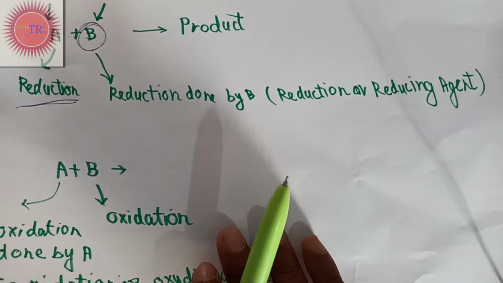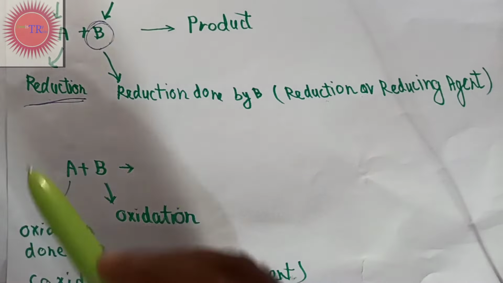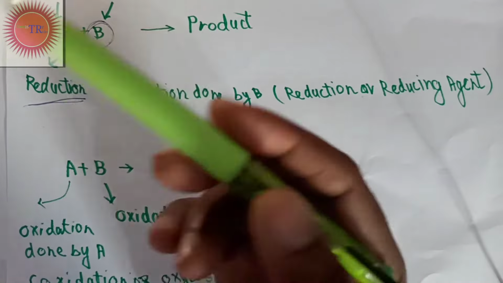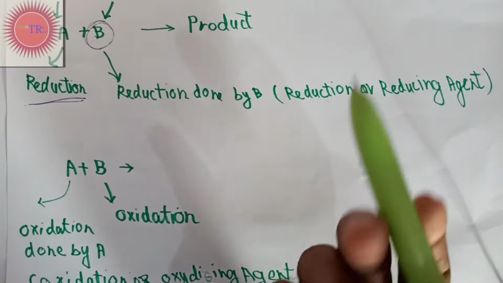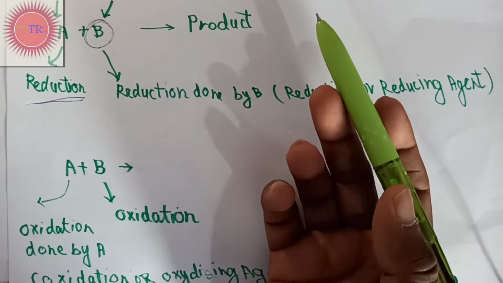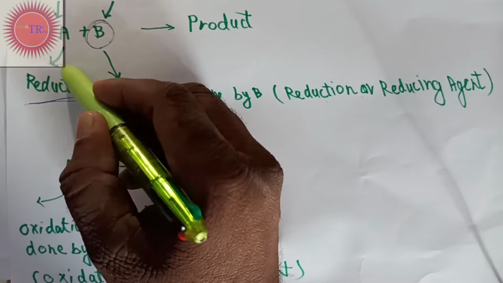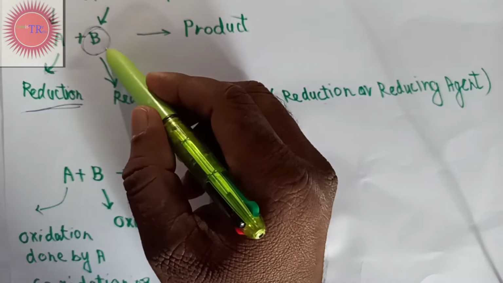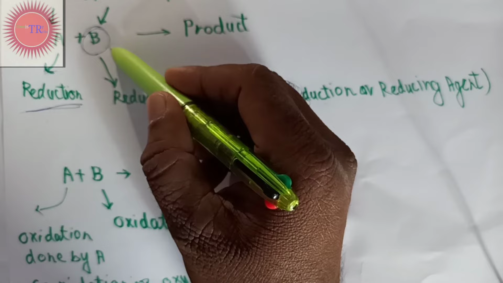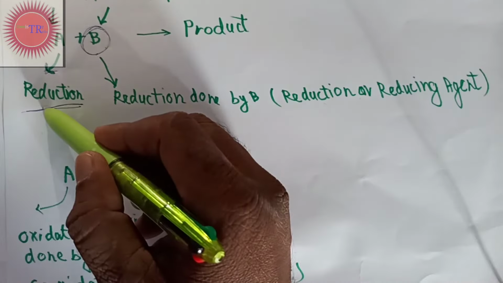Okay, understood? A plus B makes product. A is an element and B is also an element. A is reduced, then who reduces it? It is not reduced by itself, it is reduced by this one. So this is the agent. What type of agent? Reducing agent.